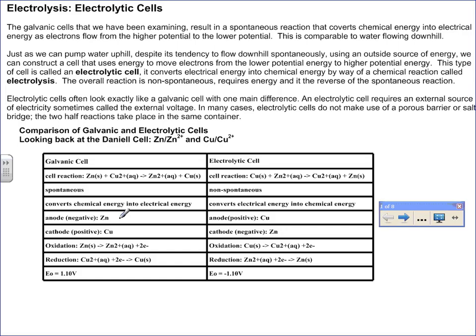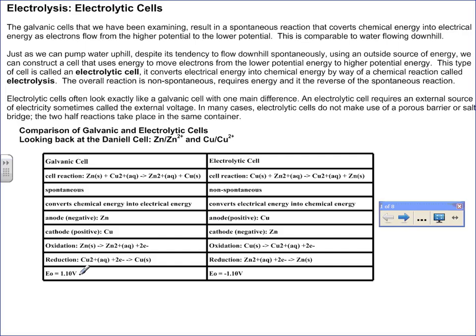When we connect to the voltmeter, you'll get the idea here with the positive and the negative. This is really a little bit of a sign convention. You can see in this reaction, the oxidation is of the zinc and the reduction is of the copper. In the galvanic cell, the E naught is positive 1.1 volts.